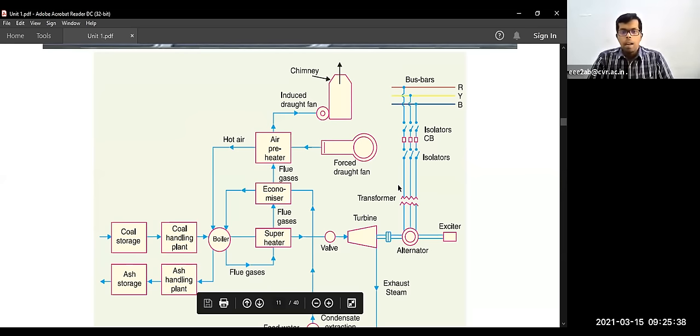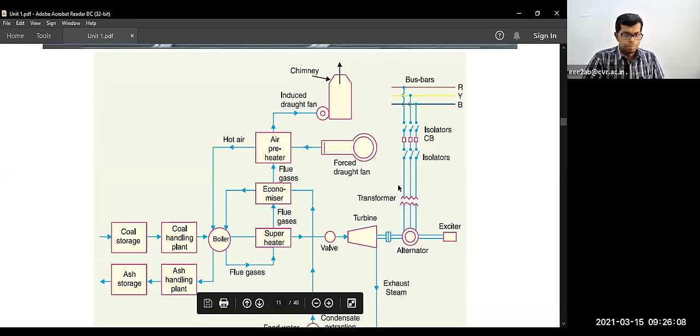For the whole plant operation, you need a minimum of 200 employees, up to a maximum of 500 employees. Some power stations go for 500 employees for 3 or 4 generating units.